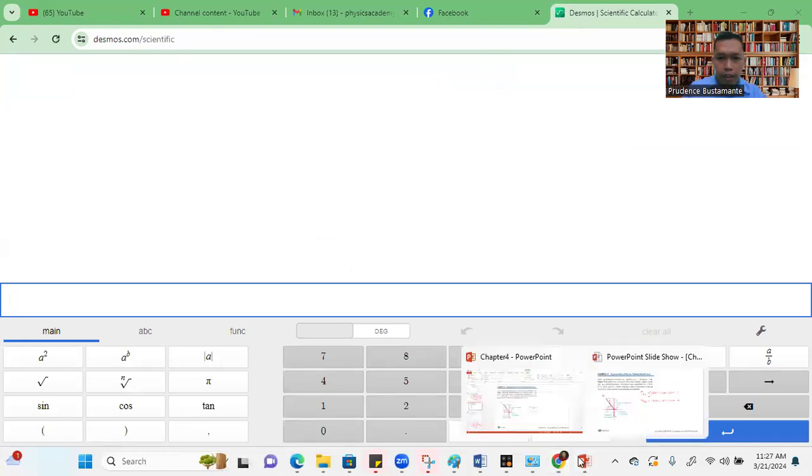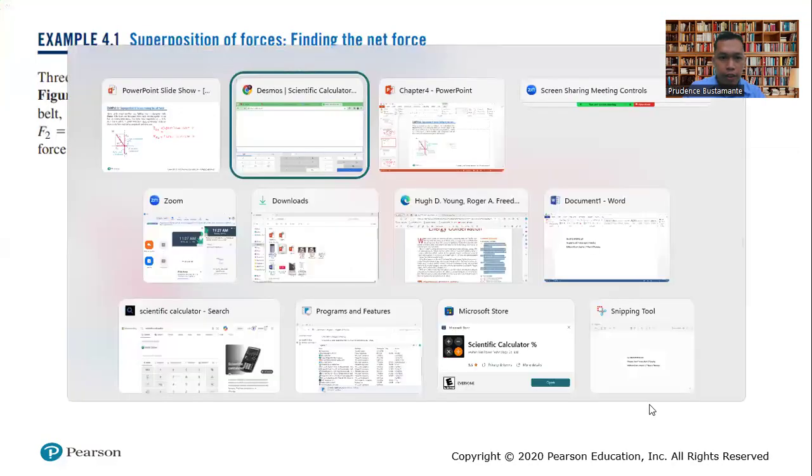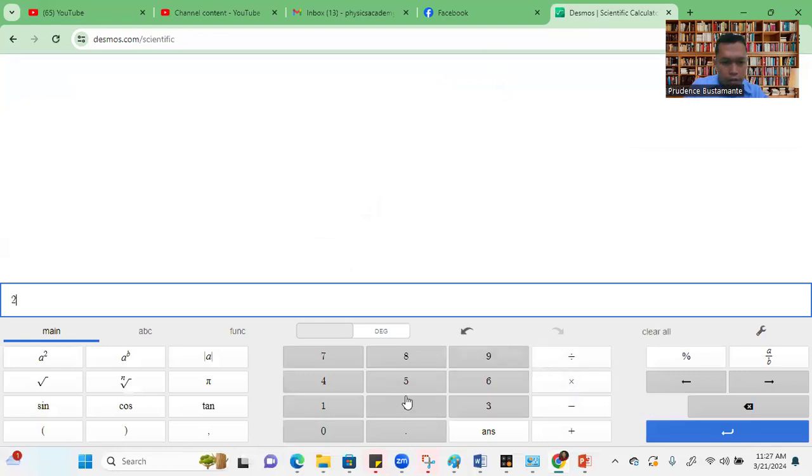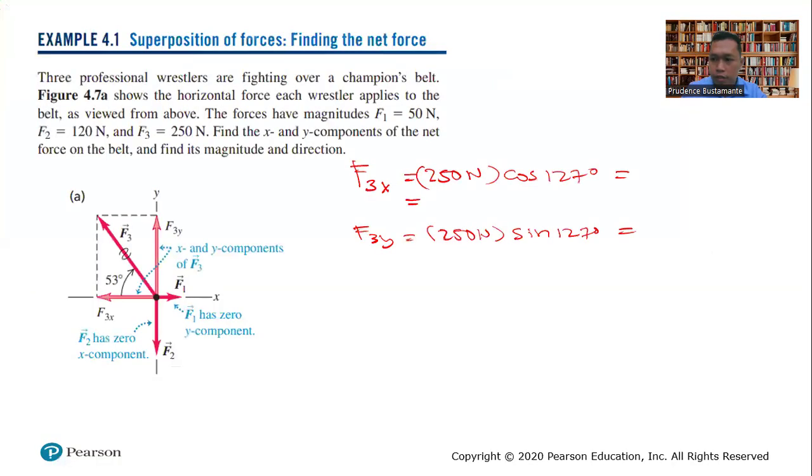So we have 250 cosine 127. 250 cosine 127, so natay negative 150 Newton. Three significant figures.